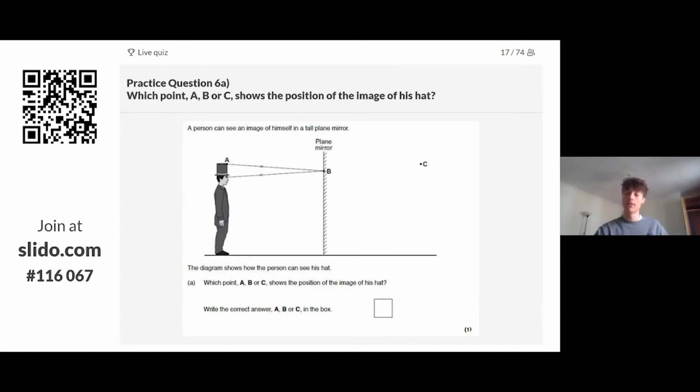So remember here we consider the position of the image, not of the object, but of the image. So the image, as we said before, in this case is a virtual image. It's caused by reflections, and it's basically where the light rays seem like they're coming from.